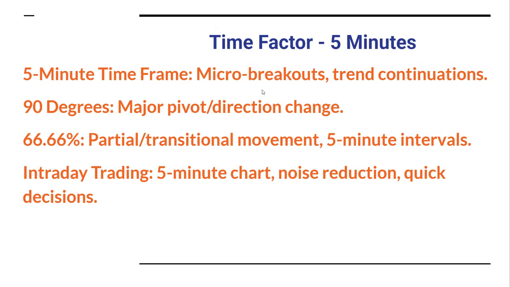Once we identify the stocks, we come to the 5-minute time frame to see the trend continuation. 90 degree is the major pivot or directional change. For intraday, we are going to use the 5-minute chart.